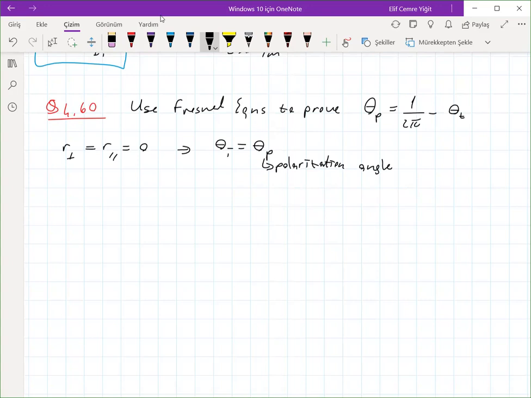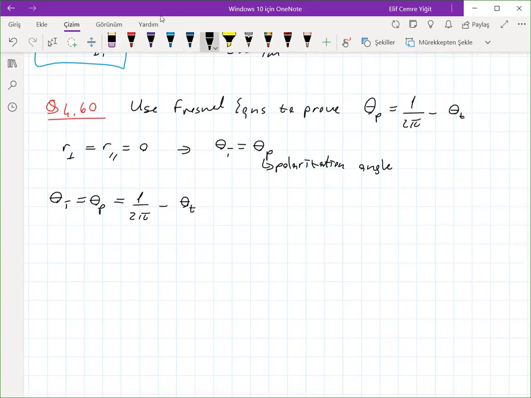Then by using this information, okay, let's go back to this part. For this equality, theta incidence equals theta polarization, which will be 1 over 2 pi minus theta transmittance. Transmittance is given, so they ask us to prove this, right?